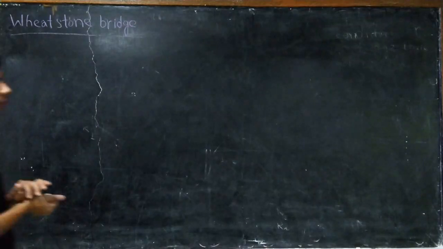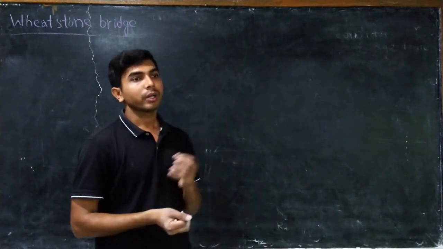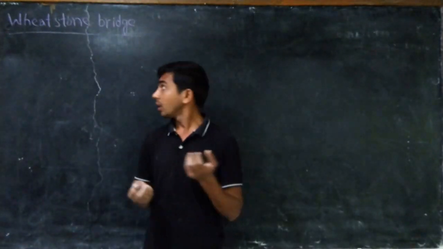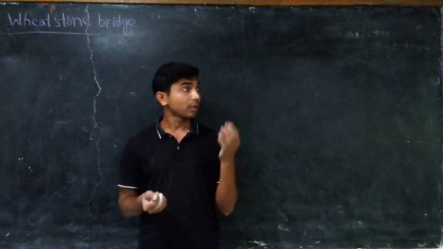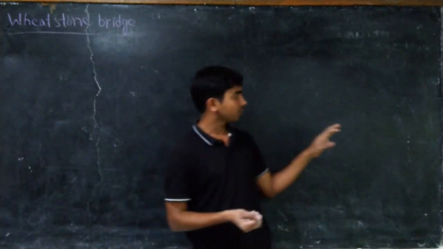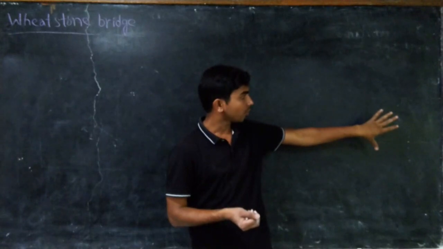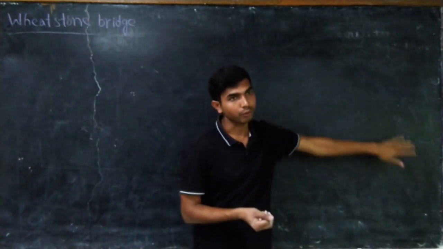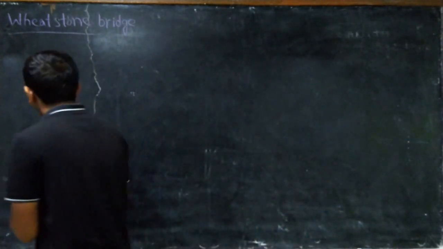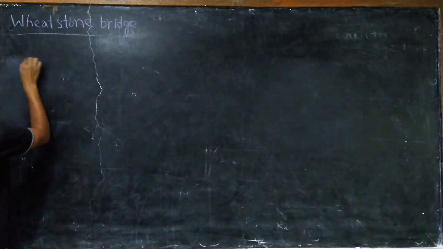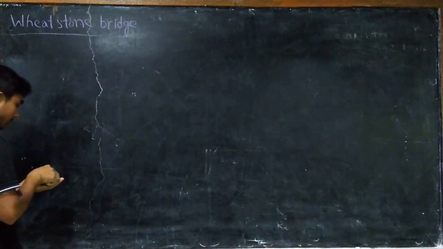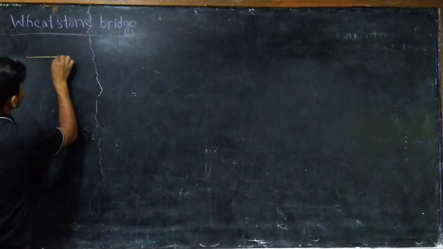Okay, so now I'm going to take one example and try to use the formula I have derived now. That one I'm going to use. Okay, so you can see here, these are the resistors.